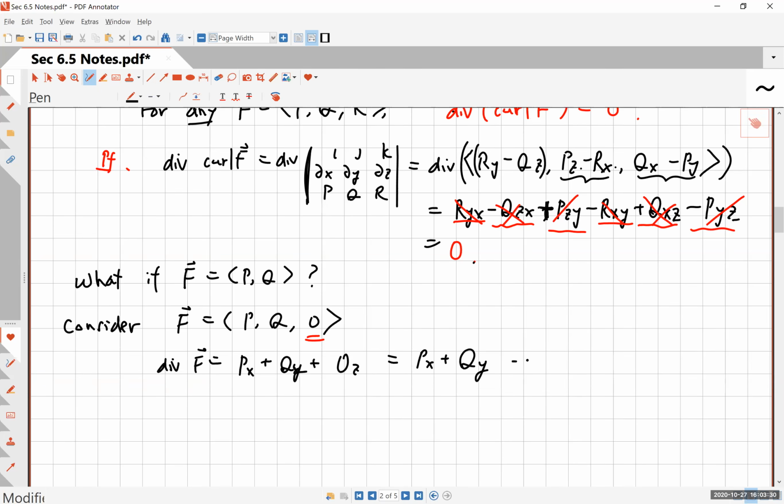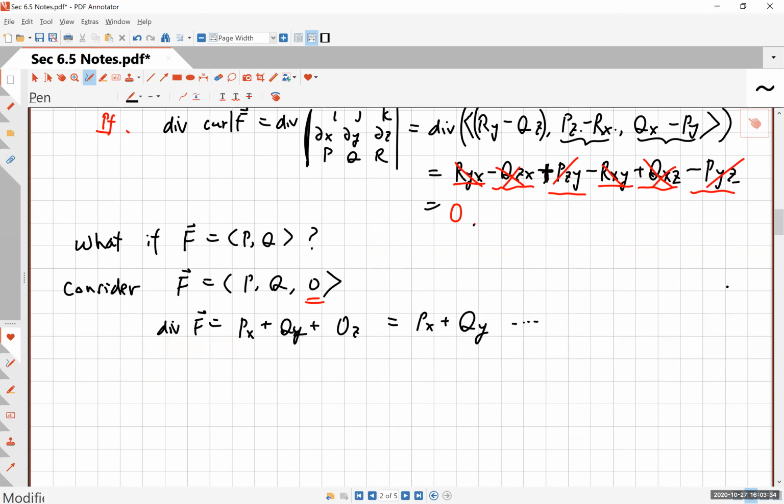Now, and this is a crucial element here, if you remember, in Green's theorem for the flux integral, you had the double integral of Px plus Qy dA.